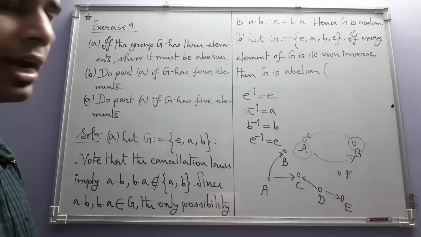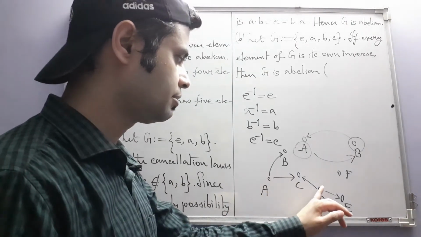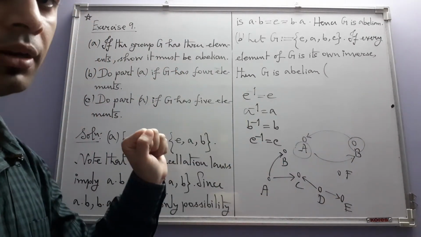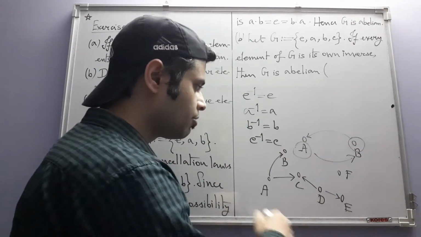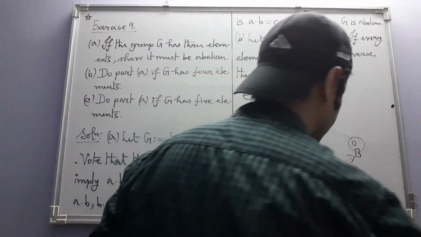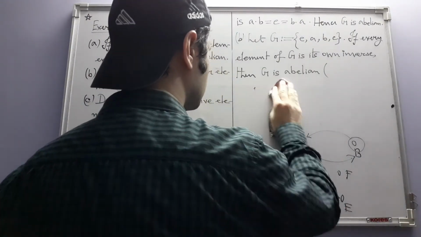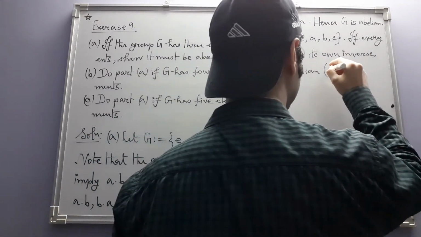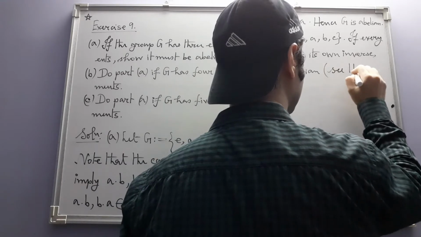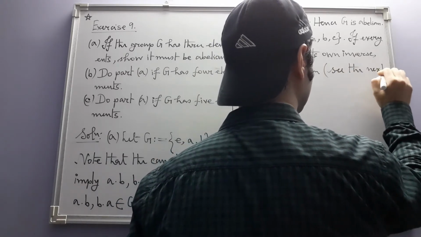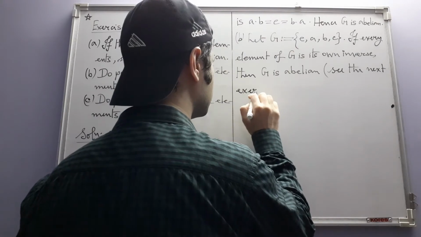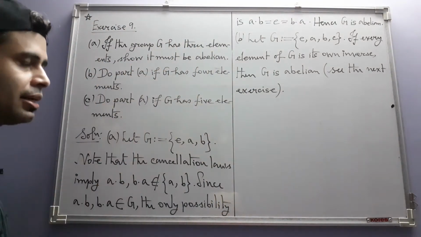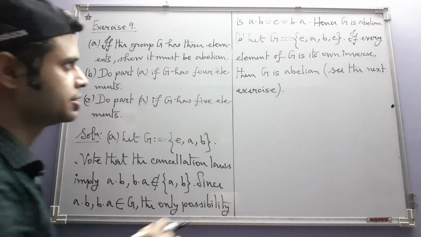In the language of graph theory, it should be a tree, it should not have a cycle in it, so that circularity can be avoided. Okay. So here we will just simply write see the next exercise. So that part is taken care of by the next exercise.